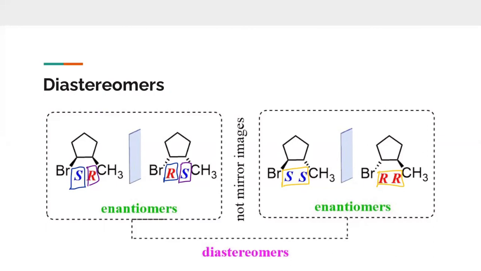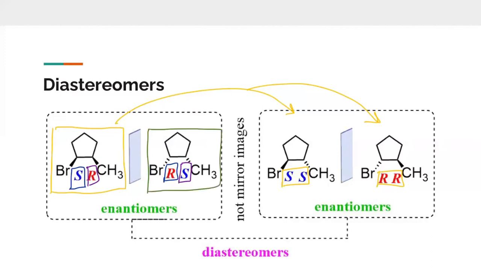In this example, there are actually 4 pairs of diastereomers. This molecule right here is a diastereomer of this molecule and also of this molecule. And this right-hand molecule is also a diastereomer of this molecule and this molecule.